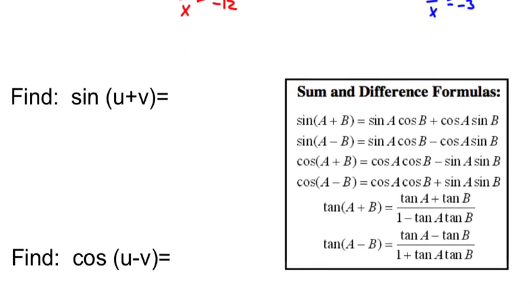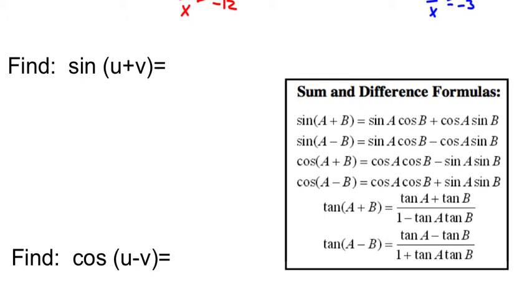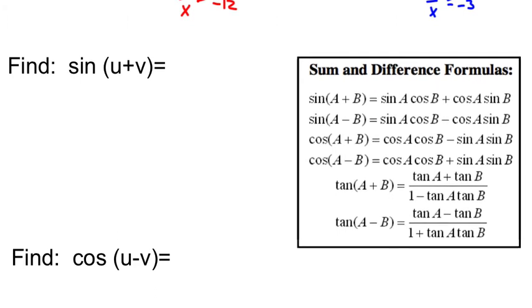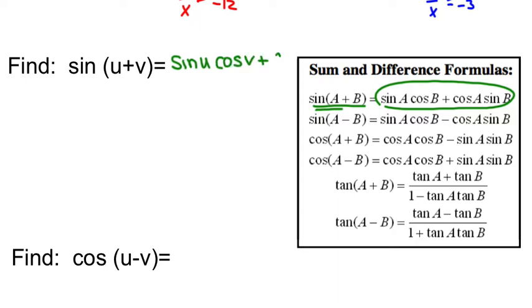We're going to now find the sine of u plus v. So we have to choose the appropriate formula. So in this case, it's a plus b. So we're going to take right here the sine of u cosine of v plus the cosine of u times the sine of v.